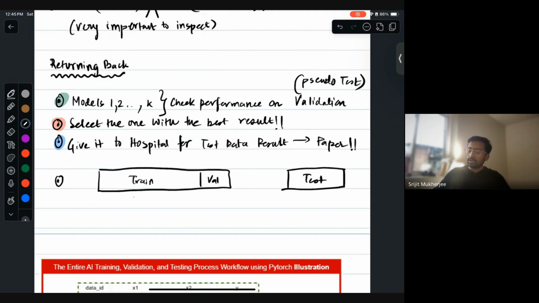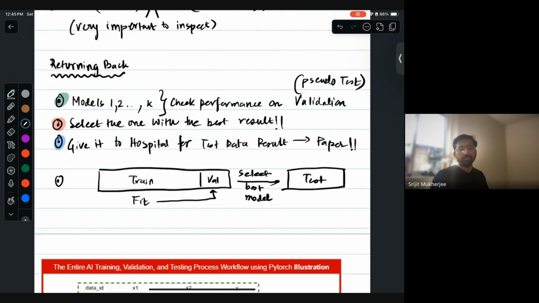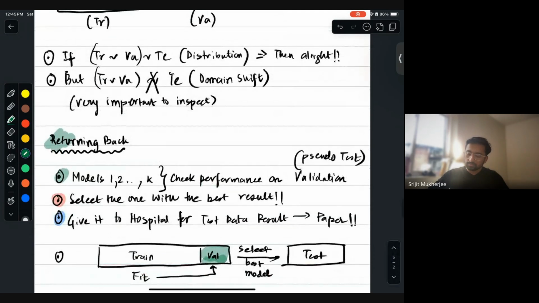You feed the model here, validate on this, and do it for multiple models, select the best model, and then ship it and get it tested. Simple. So the whole idea is on validation data. This is where you are testing. But again, you are assuming that the validation and test data are similarly distributed. Otherwise, it will not work.